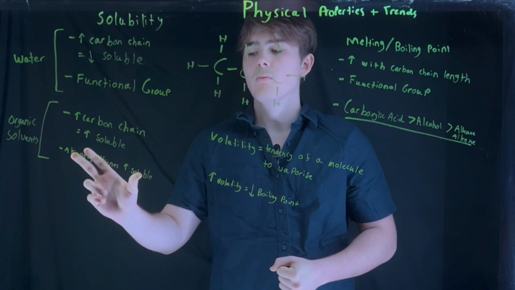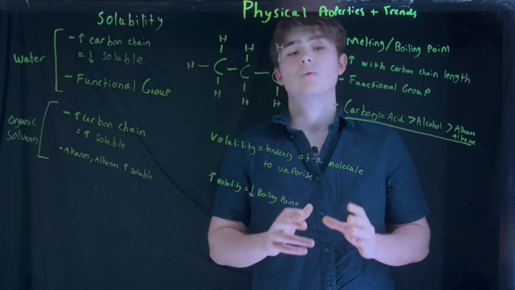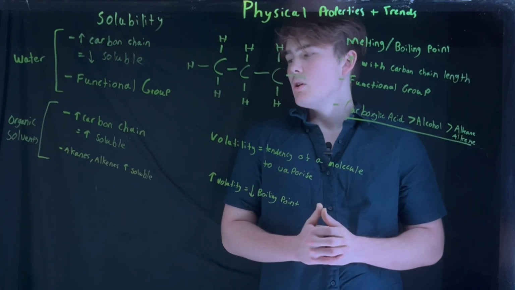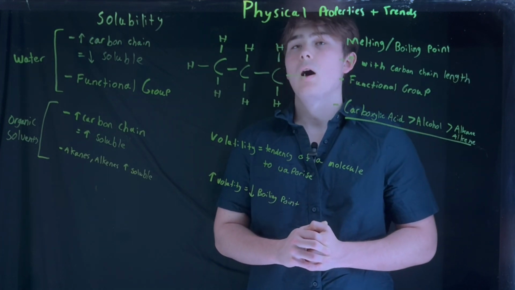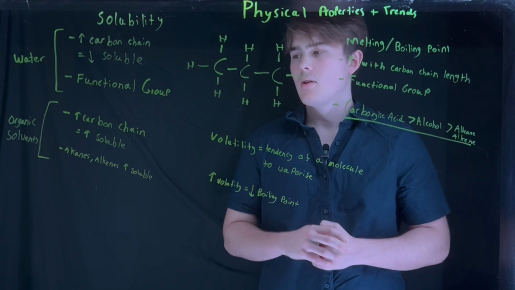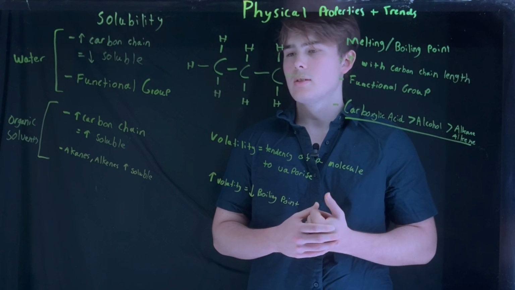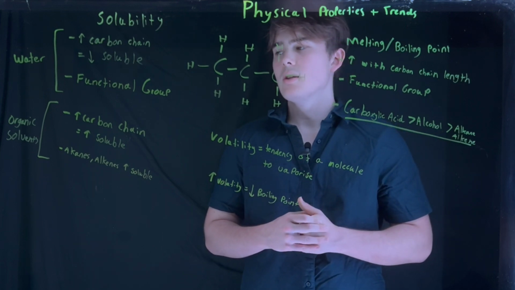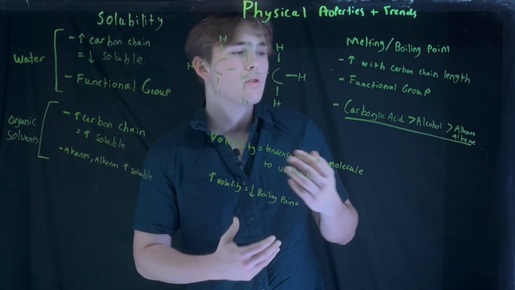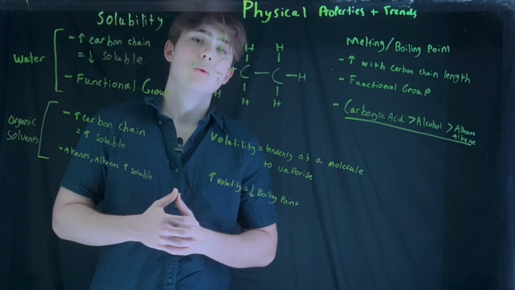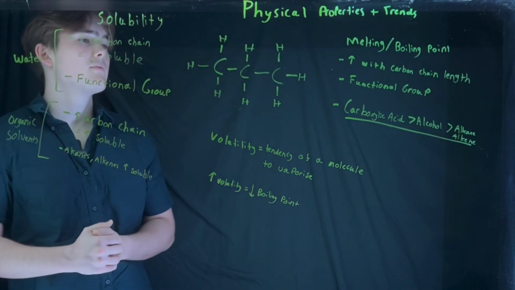Okay, so they dissolve more than those other two functional groups. Alright, so that's pretty much everything for physical properties and trends. This is everything that is covered in the syllabus. So if you understand this and the theory behind it with those forces, so those hydrogen bonding and dispersion forces that we talked about at the start, then you will be in a good place for your exams. Thanks.